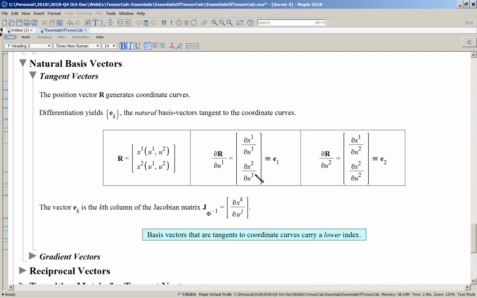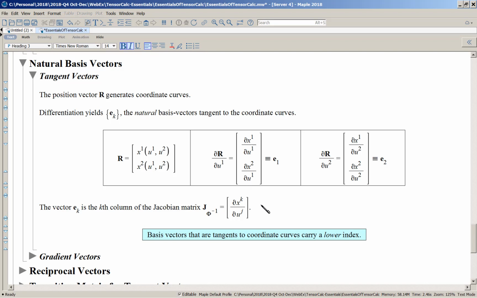It turns out, if you're paying attention, that EK is the kth column of the Jacobian matrix for the inverse transformation. Right? This is dx, this is dy, and both with respect to r.